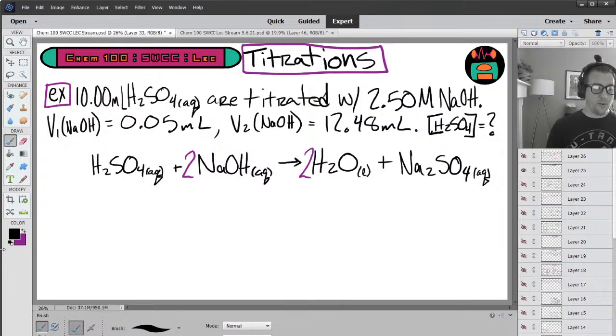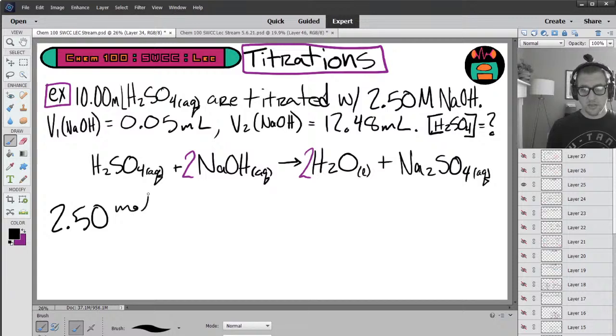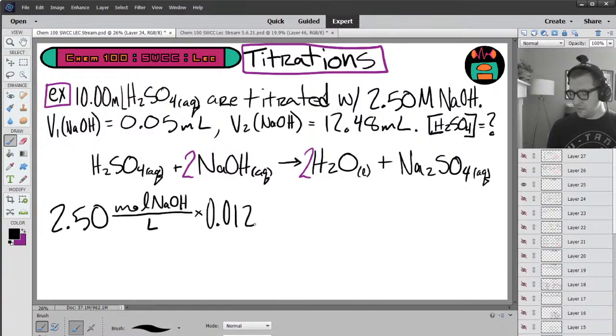All right, now I can use that in conjunction with my molarity of sodium hydroxide, moles of NaOH per liter, times my volume in liters of sodium hydroxide.